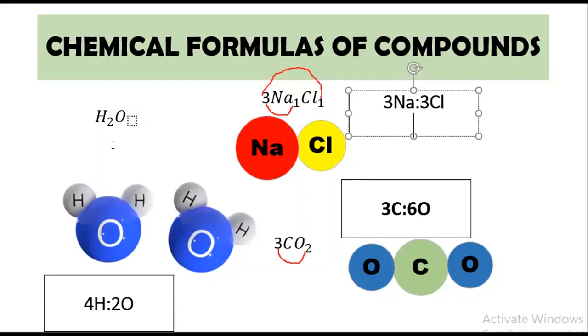NaCl, CO2, H2O, those are called chemical formulas. And you will always find, for example, in a water molecule, there'll always be 2 hydrogens and 1 oxygen. If there's like 3 hydrogens and 2 oxygens, then it's not water, okay?